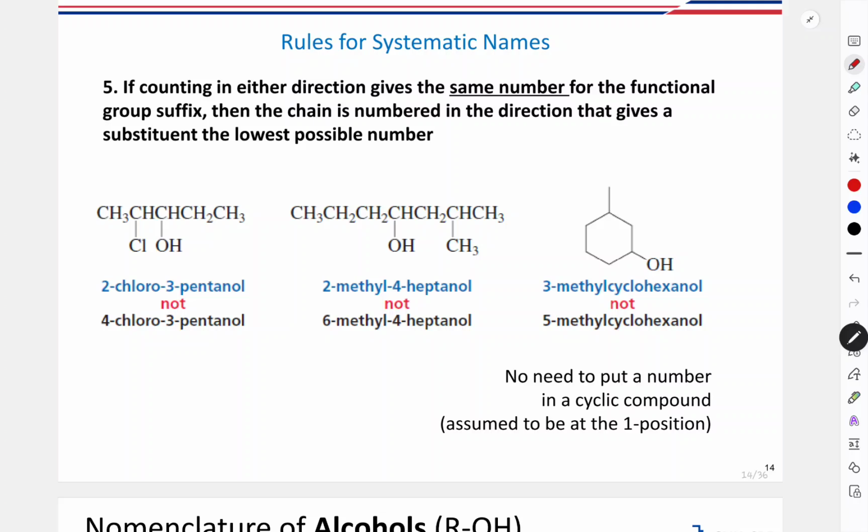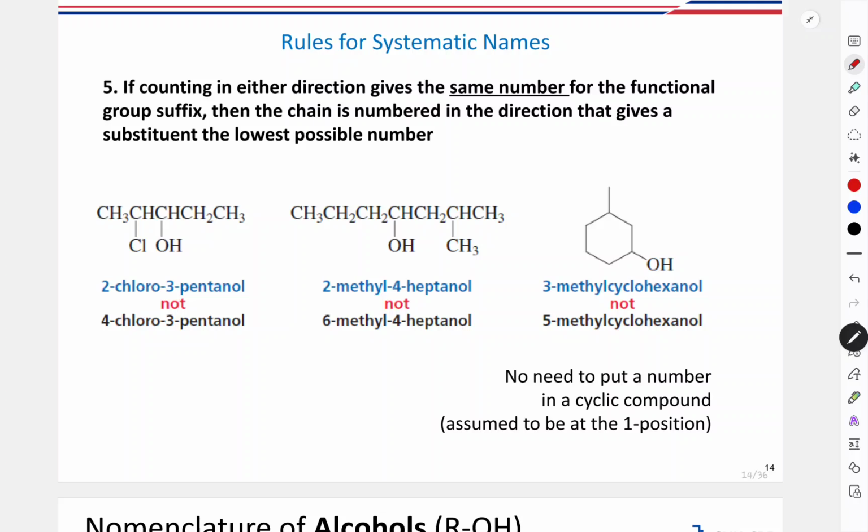What about this one? You have the longest possible chain that contains the hydroxyl group. So this one is going to be cyclohexanol at the end of the day. But you can choose a direction, right? You can number this way or this way. This carbon has to be number 1.